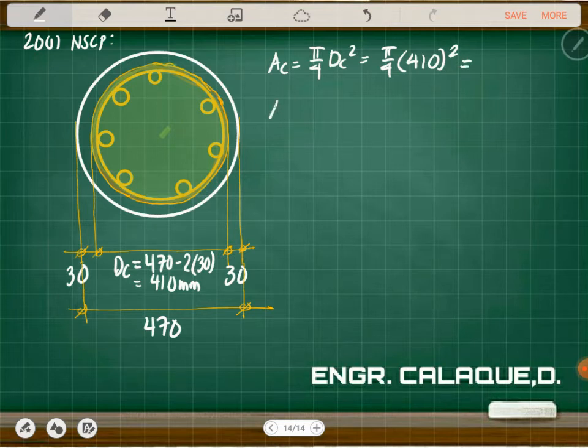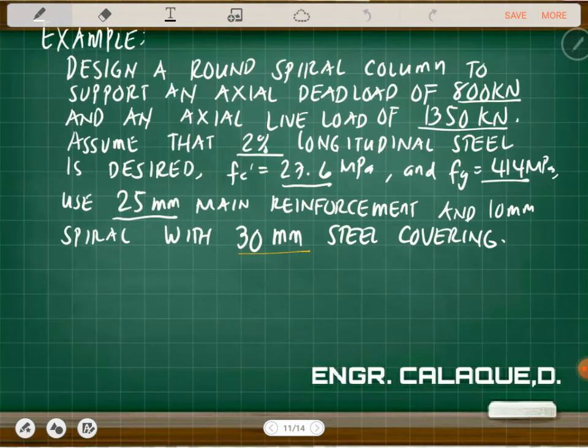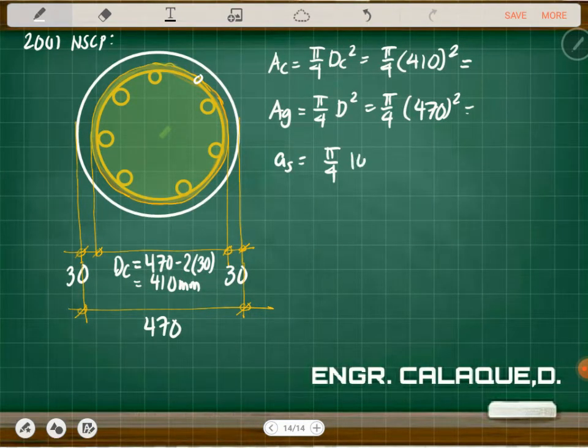And for the gross area, we have pi over 4 diameter squared, so pi over 4 times 470 squared. Let me also get the area of the spiral, the small As. That is pi over 4 times the spiral diameter, which is 10, squared. So I think we are okay with all of these.